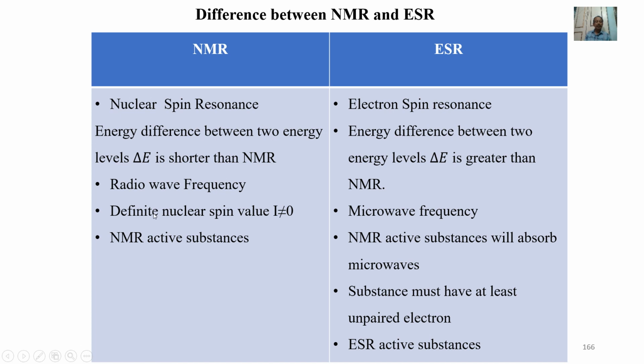A definite nuclear spin value I not equal to 0 is required, and those molecules are NMR active substances. In ESR, the energy difference between two energy levels delta E is greater than in NMR, and this falls under microwave frequency. Substances must have at least one unpaired electron; these are ESR active substances.